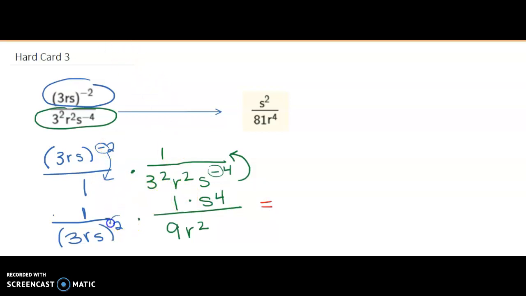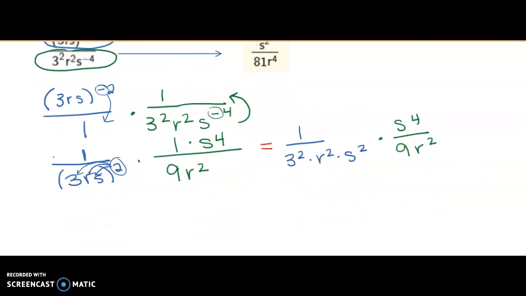I need to take care of this first. Remember, something in parentheses to an exponent, it goes to every single thing inside the parentheses. Okay, so this is just 1 over 3 squared times r squared times s squared. And then I still have the 1 times s to the 4th is just s to the 4th over 9r squared.